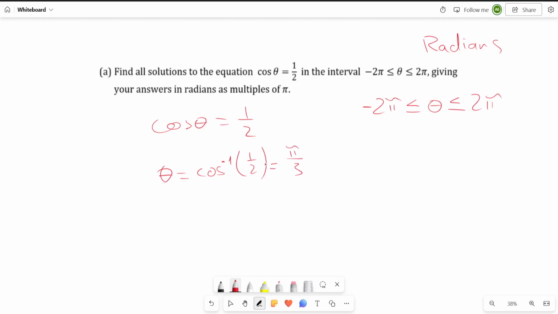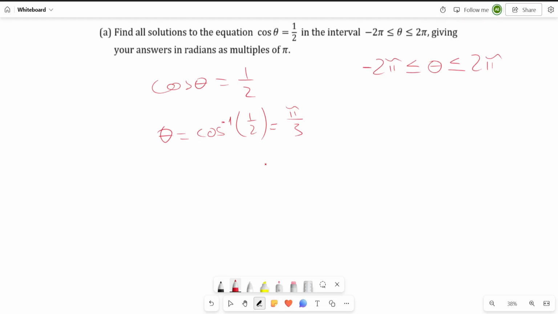So pi over 3 is my base angle. Okay, so is this the only angle in this region that will give me an answer of half? No. We need to find the other angles that when I put in cosine, they will give me a half as well within this region. And to do this, we will use the ASTC rule.